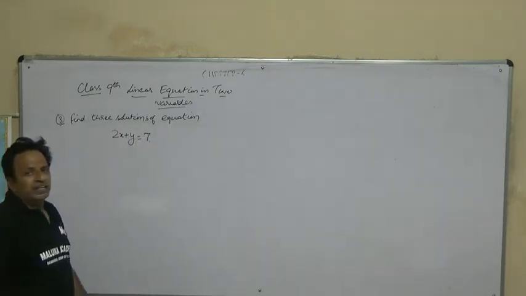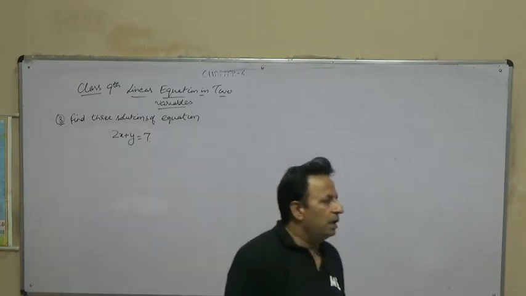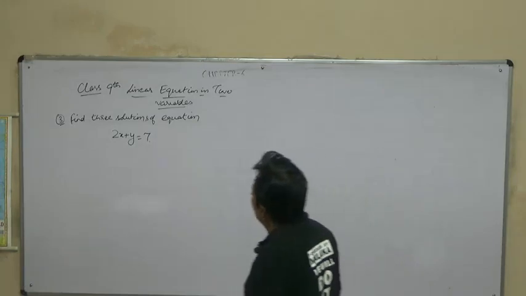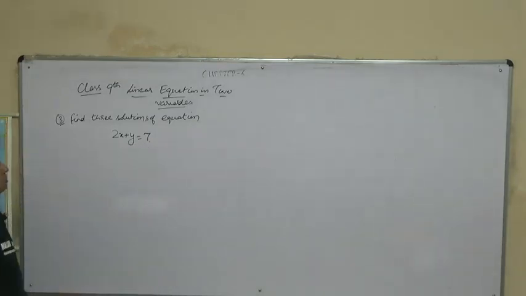So in order to write the solutions, we will make one variable on one side and all other terms on the other side. Here we have 2x plus y is equal to 7. We take 2x to the right hand side, it will change to minus 2x.